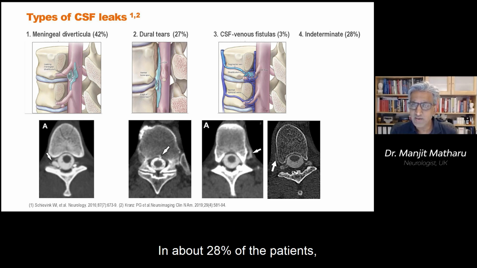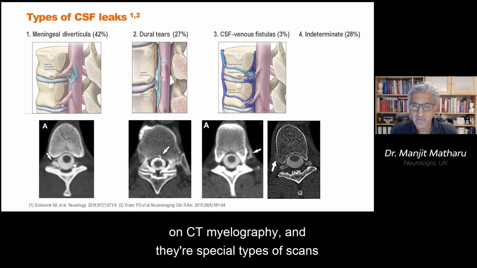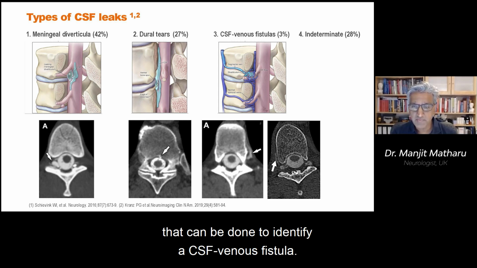In about 28% of the patients, the type of leak is never determined. These kinds of leaks can all be identified on CT myelography, and there are special types of scans that can be done to identify a CSF venous fistula.